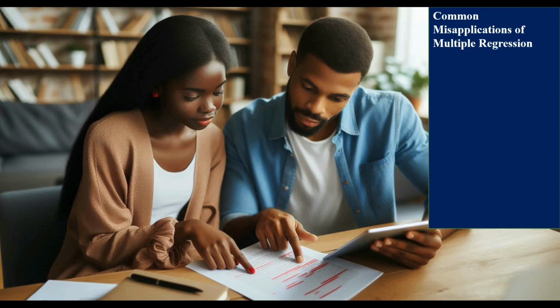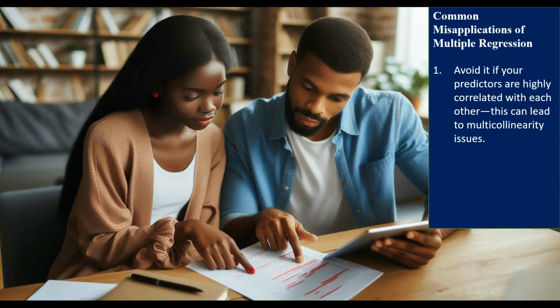So here are common misapplications of multiple linear regression. Number one, ensure you do not use multiple linear regression if your predictors are highly correlated with each other. This can lead to multicollinearity issues. What do I mean by high correlation?